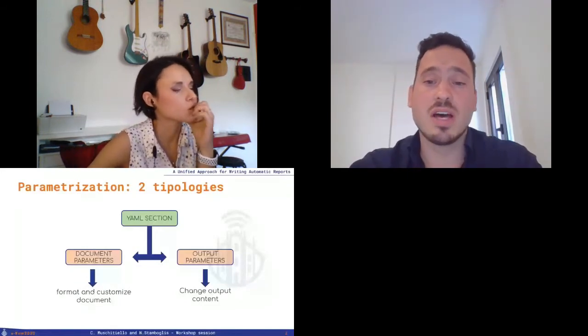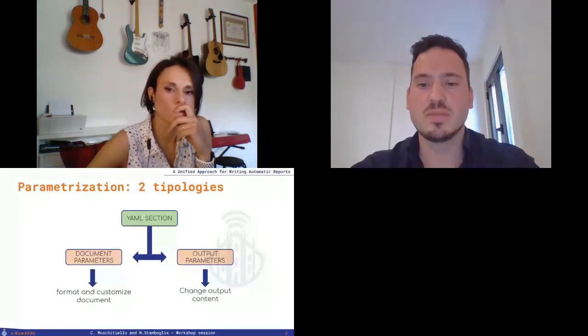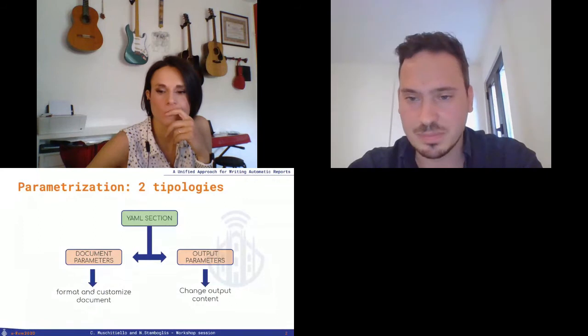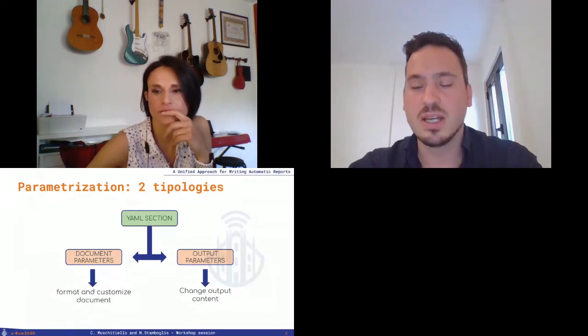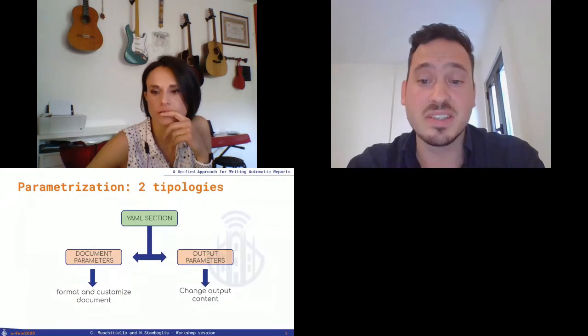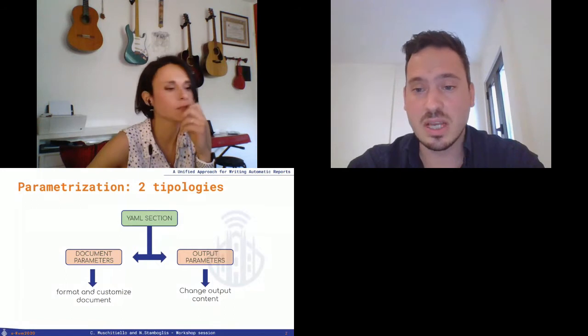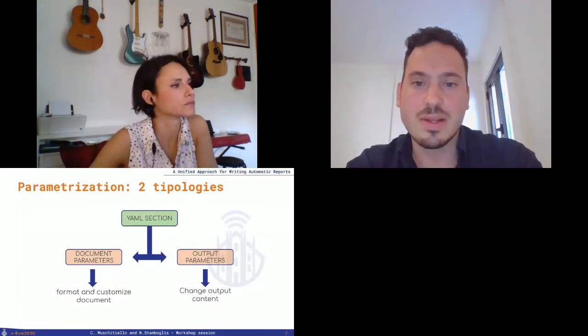On the other side, you have output parameters, and this type of parameters basically allows you to run the code on a specific subset of your data. So, for example, if you have a report that is customer specific, you can specify the customer ID in the parameters, and you will run it accordingly. So we will get into the details in a second.